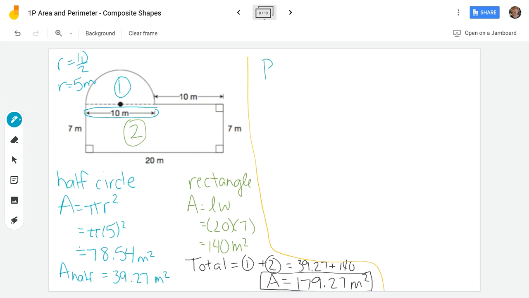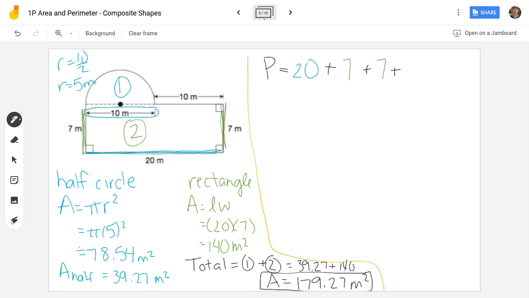So the perimeter, we will need to add up, well, let's see. We have this side here on the bottom. So that's 20. We have this side and this side that are both 7. So there's 2 7s to add together.